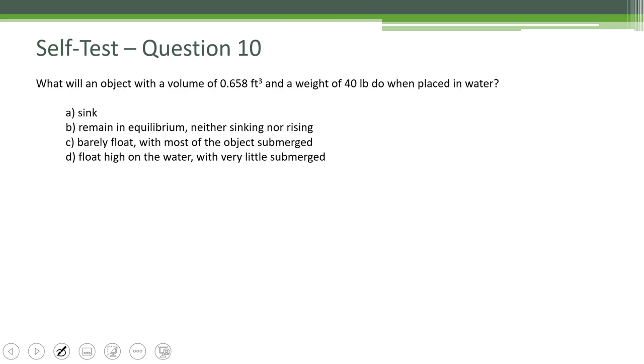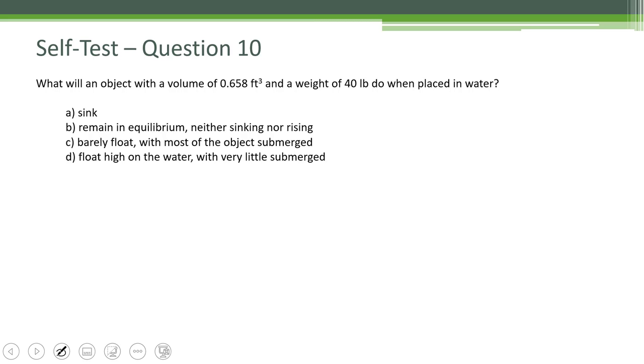Question 10. There's an object that has a volume of 0.658 cubic feet and it weighs 40 pounds. If you placed it in water, what would it do? The first thing I would do is compare it to water. If its density is more than water, it would sink, and if it's less than water, it would float.